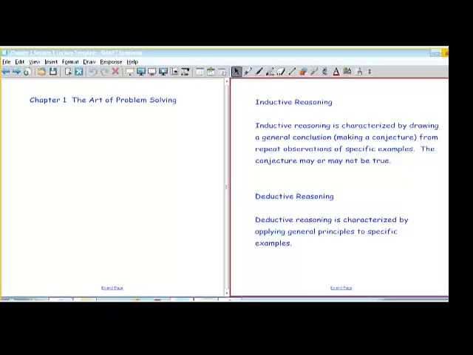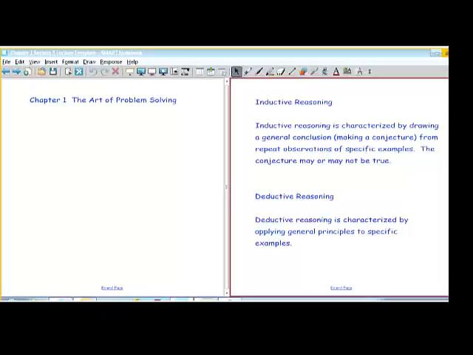You know, there are laws of physics. So here's a general one: force equals mass times acceleration, which you may remember from some high school science class you took. So that is a general principle. And then you could say, well, if I apply a force of 5 newtons to this book that has a mass of 1 kilogram, then Newton's second law is going to tell me that the acceleration is some value.